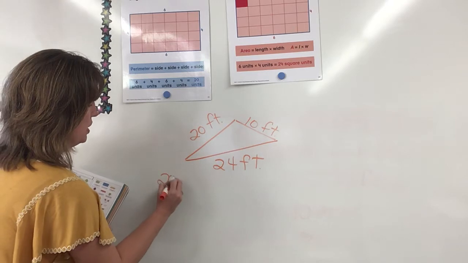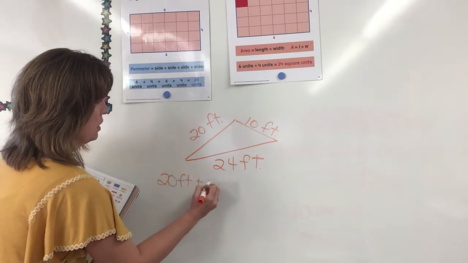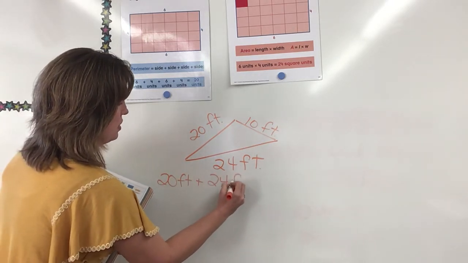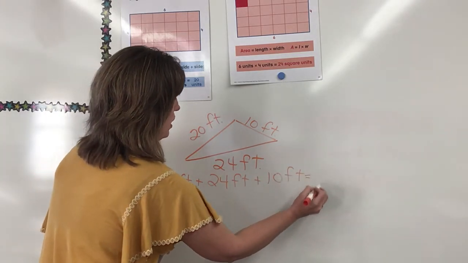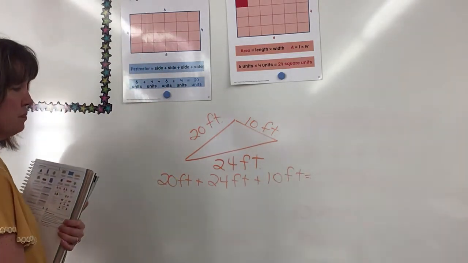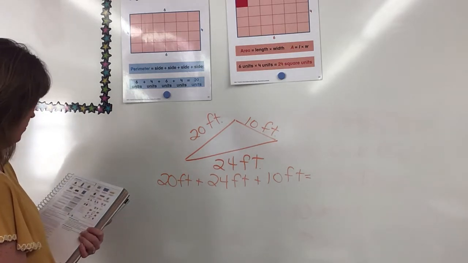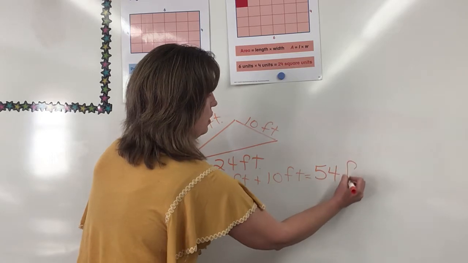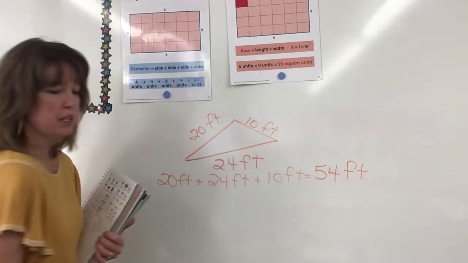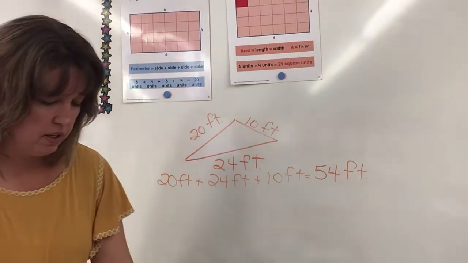So we have 20 feet plus 24 feet plus 10 feet. And what does that equal? 54 feet. Not square feet because we're not doing area, we're just finding perimeter.